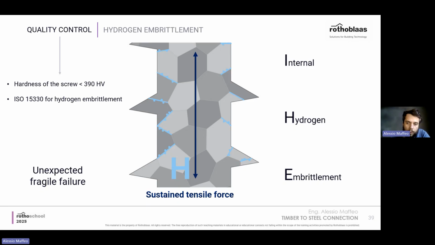Usually we want to avoid this, and in order to avoid this, there are special precautions applied on the fasteners, especially today. The latest standards are speaking about having at least a core hardness below 390. Actually, even better is to have a core hardness below 360.